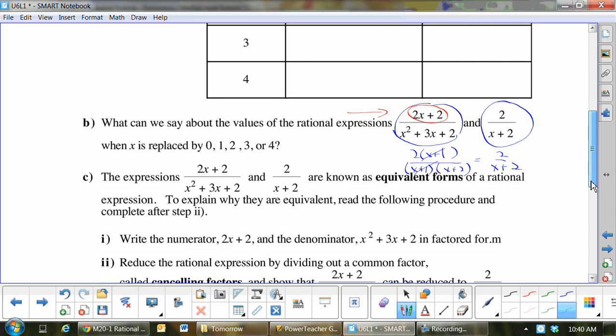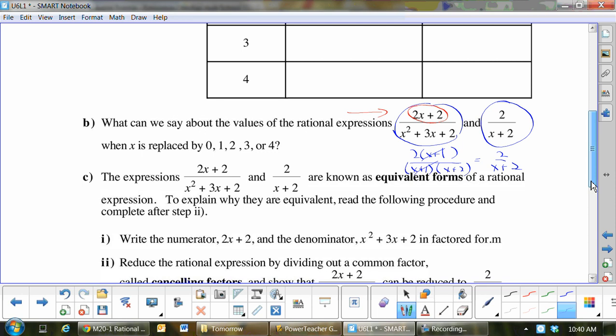But are they the same thing? They are, except the first one, the one that we factored, has more restrictions on it than the second one.